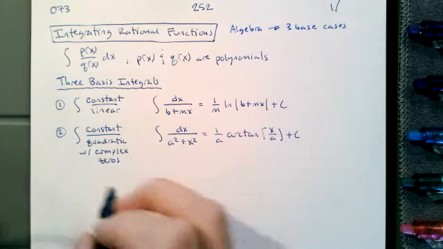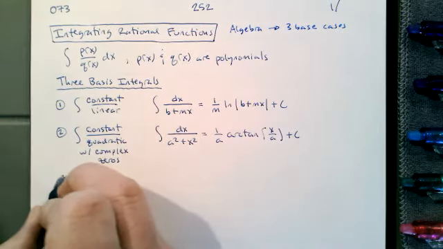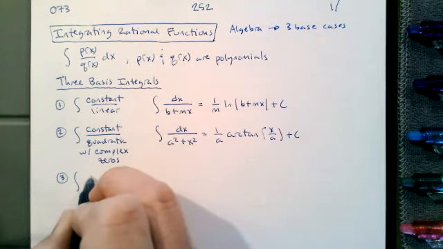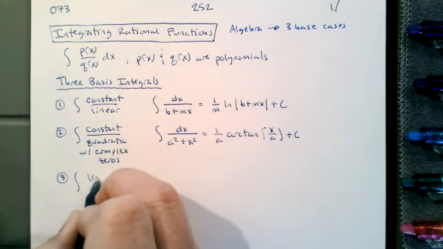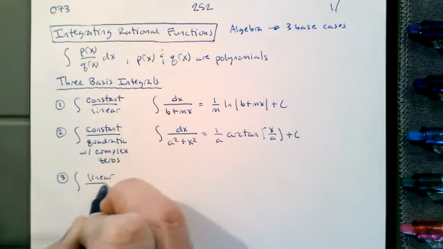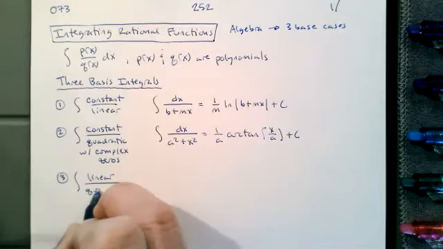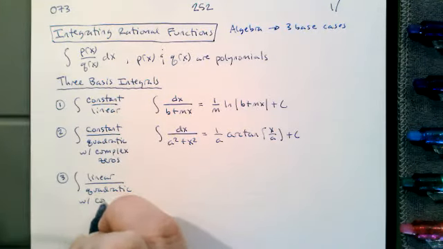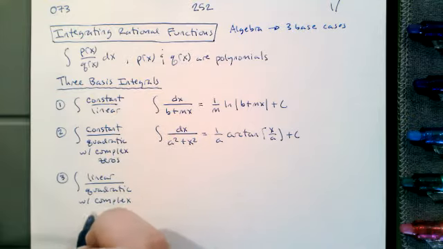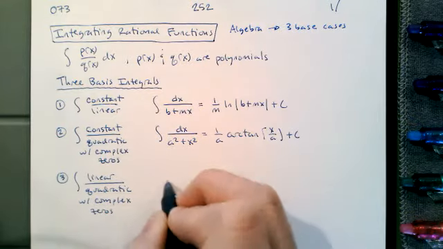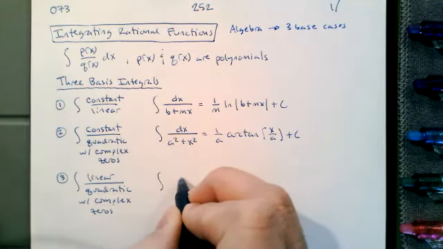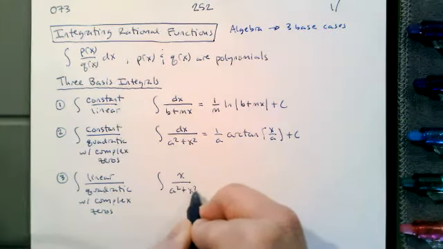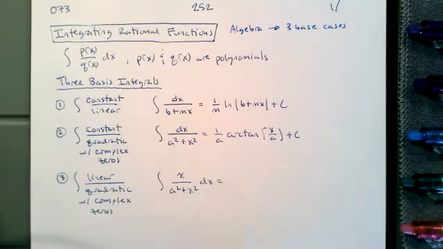Then our third base case is where we have a linear over a quadratic with complex zeros. So we have an integral of, let's say, x over a squared plus x squared dx.